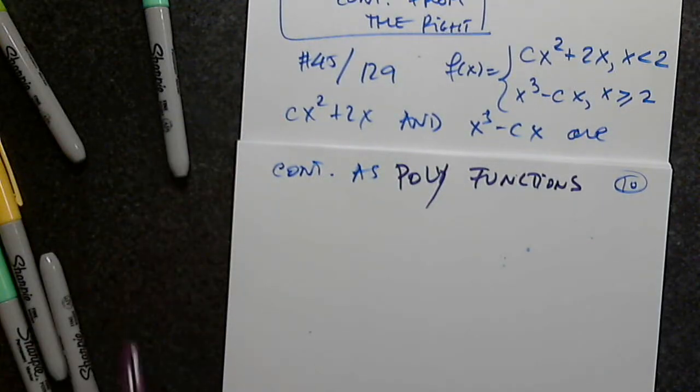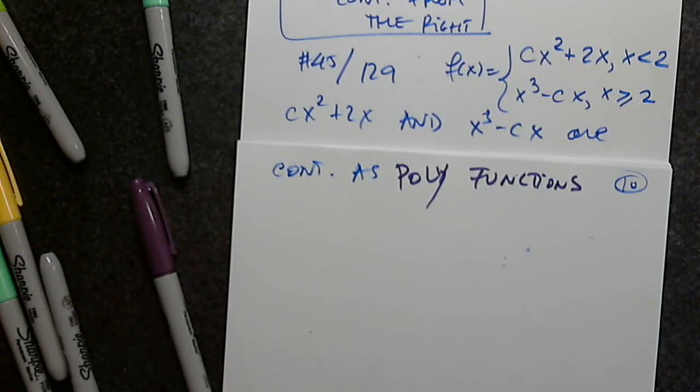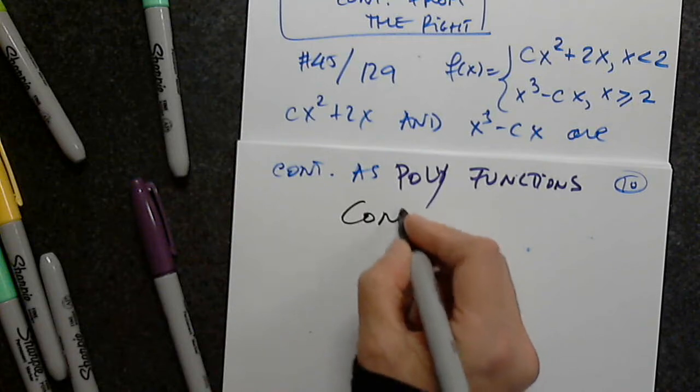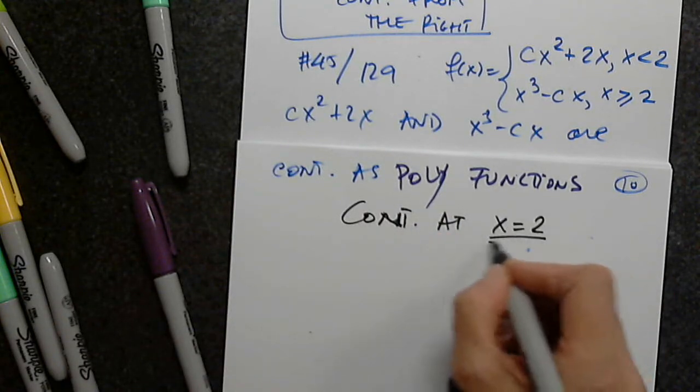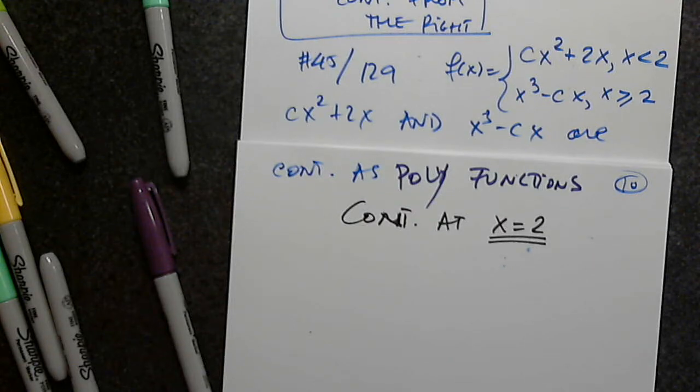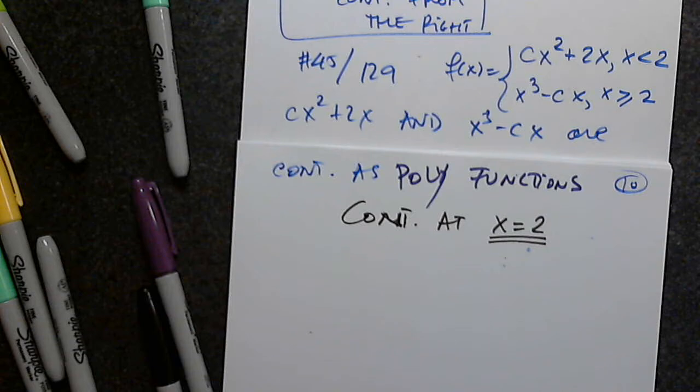Perfect. The question is continuity at x equals 2. That's the question. What has to happen at x equals 2 for this function to be continuous there?